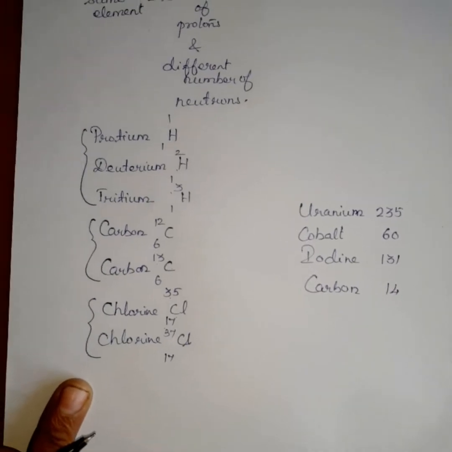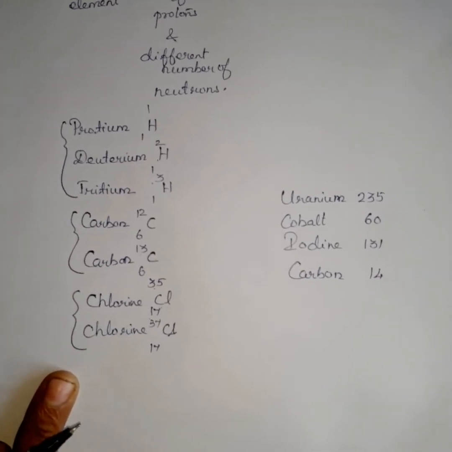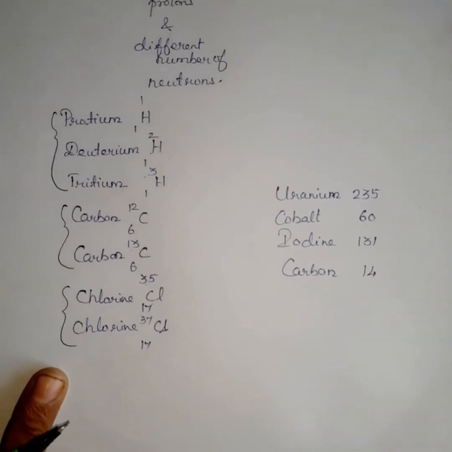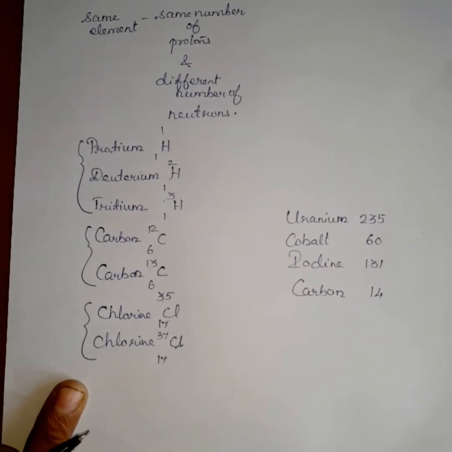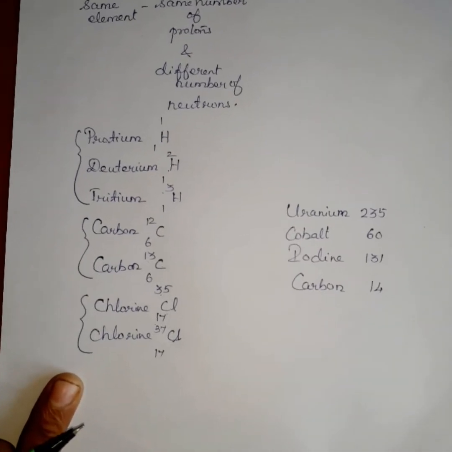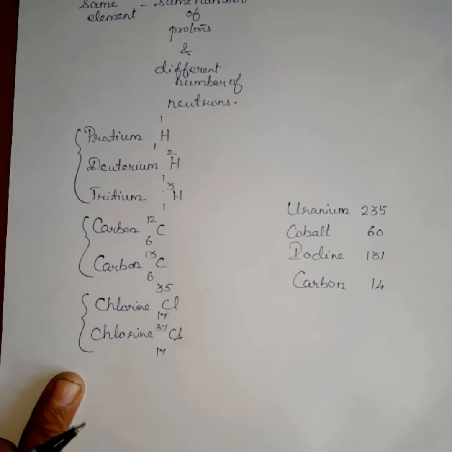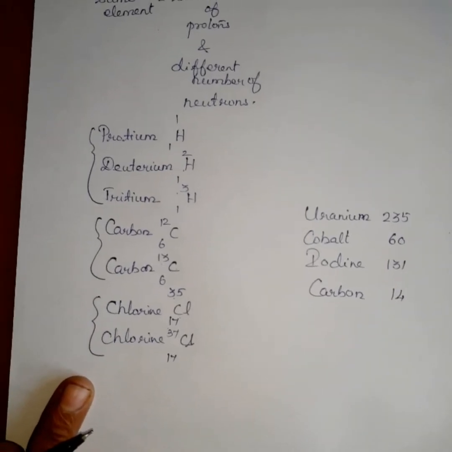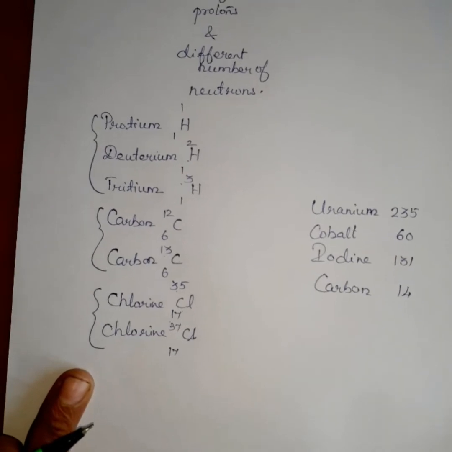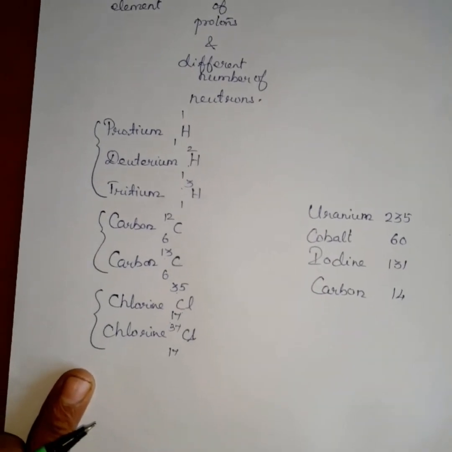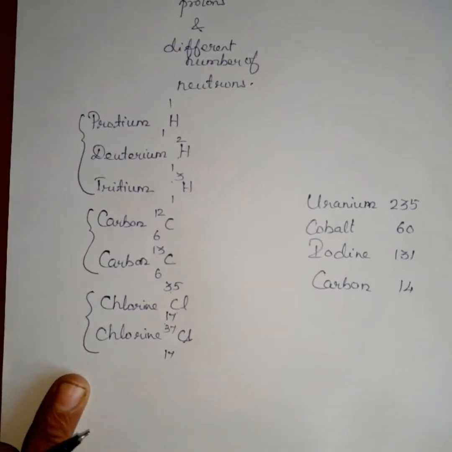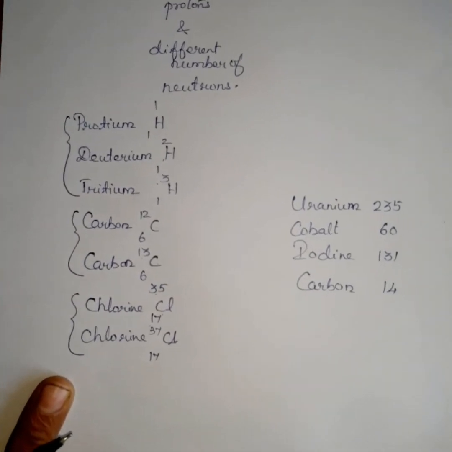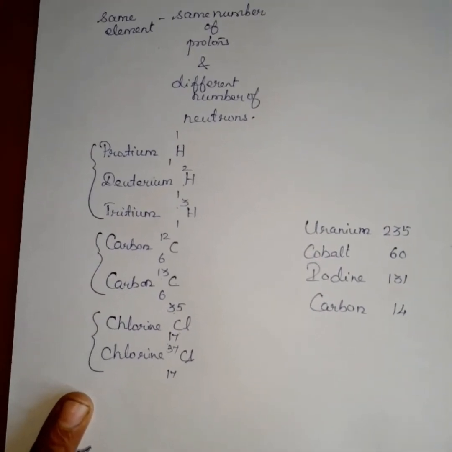Why is it called unstable? Unstable means they have extra neutrons in their nuclei or are radioactive, and are called radioisotopes. Okay, radioisotopes. Do you understand clearly?